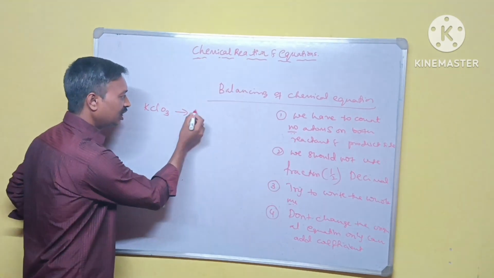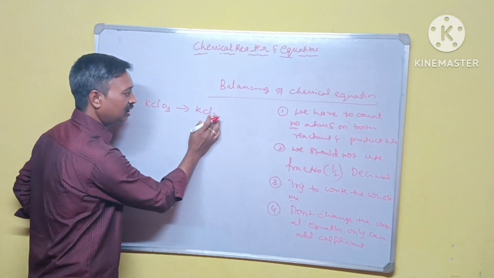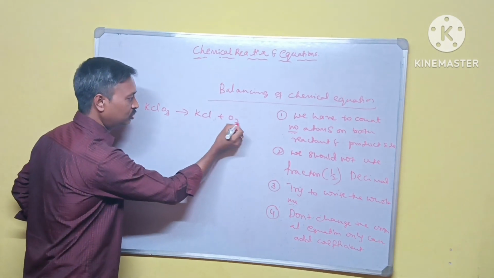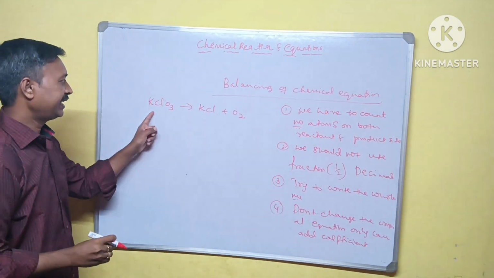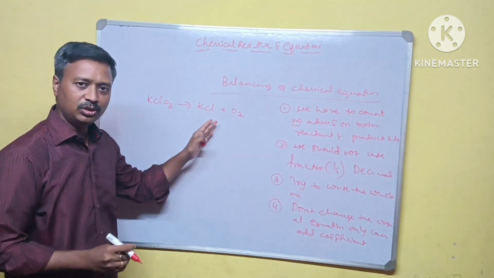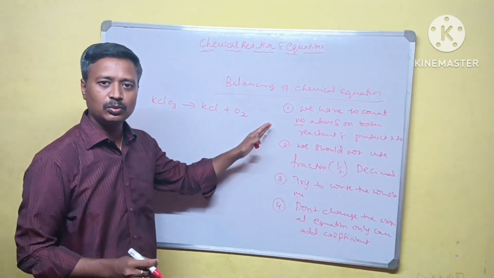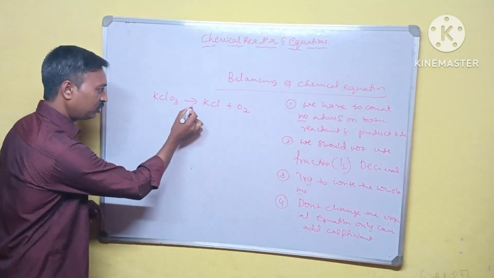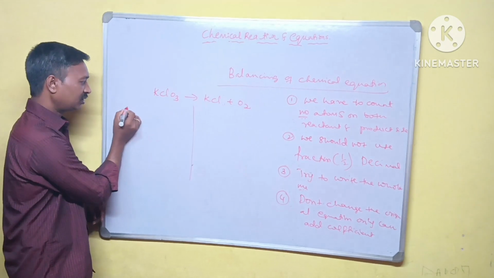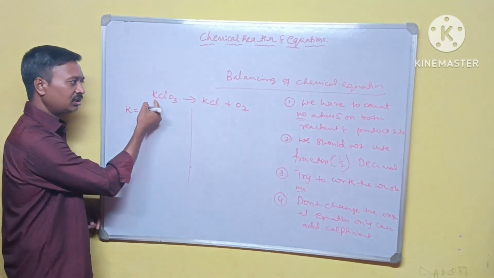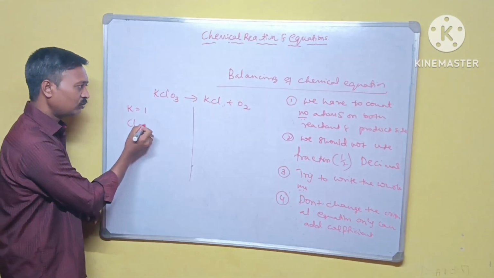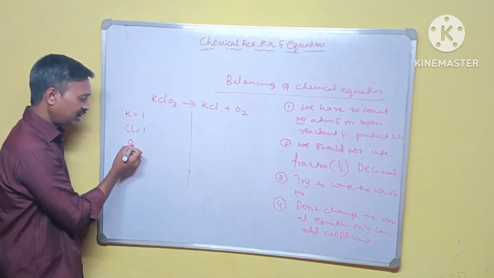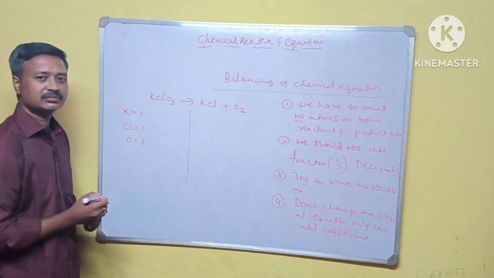KClO3 gives KCl plus O2. Now what we have to do? We have to count. How many K here? 1. How many chlorine here? 1. How many oxygen here? 3.